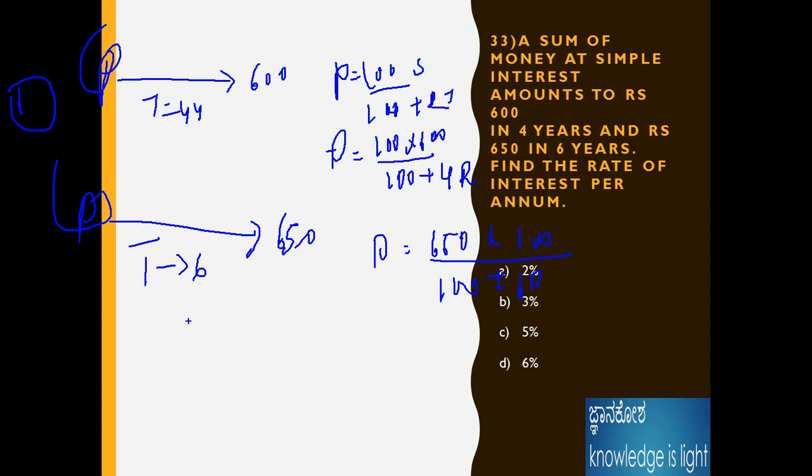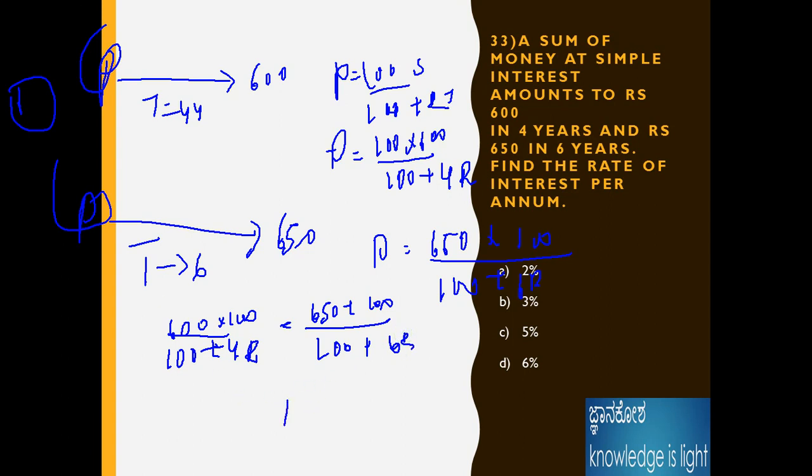Therefore, 600 into 100 divided by 100 plus 4R is equal to 650 into 100 divided by 100 plus 6R. If you solve the problem, we get the rate as 5%. Just solve from your end. You will get the answer, rate as 5%.